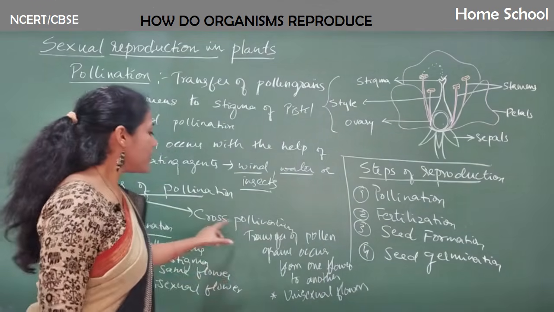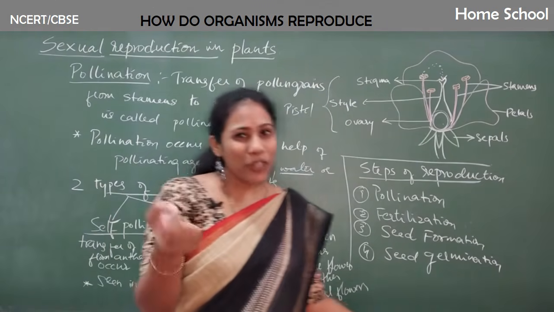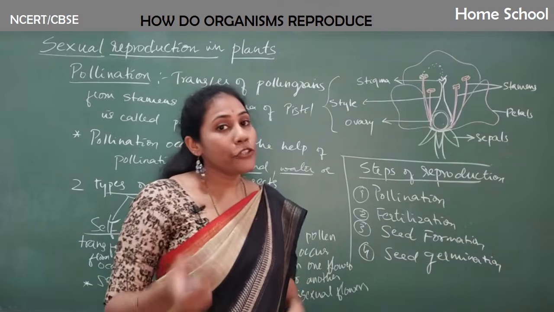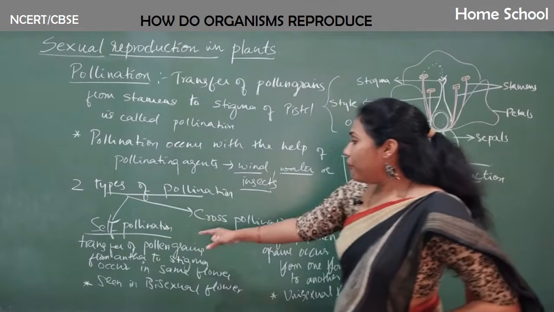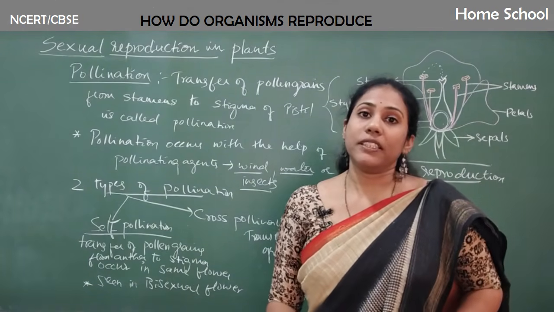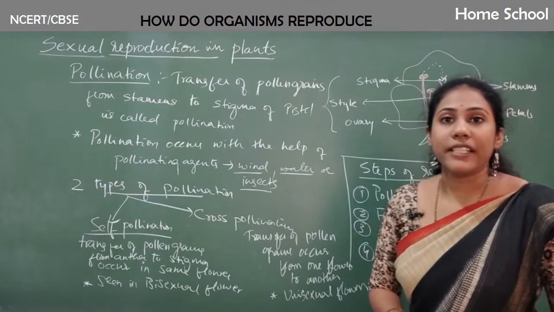Such a pollination is always seen in unisexual flowers, because unisexual flowers will have only one reproductive part, either stamen or pistil, isn't it? So the definitions of self-pollination and cross-pollination are very important. Okay, fine. So this is all about pollination.